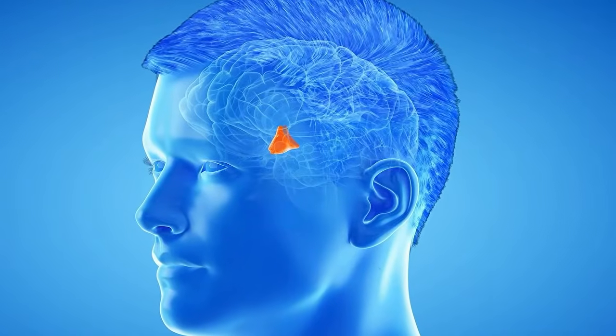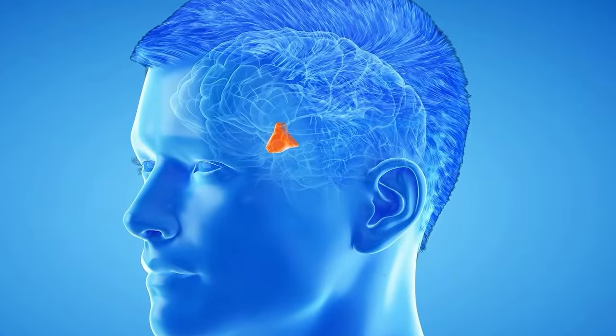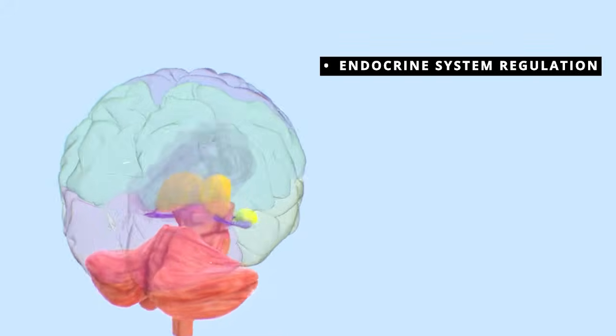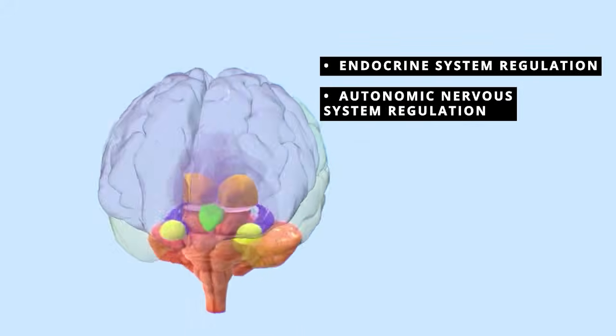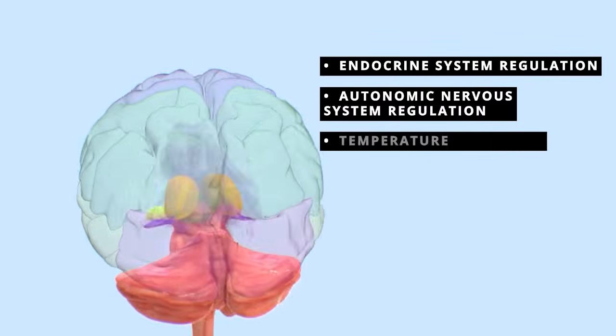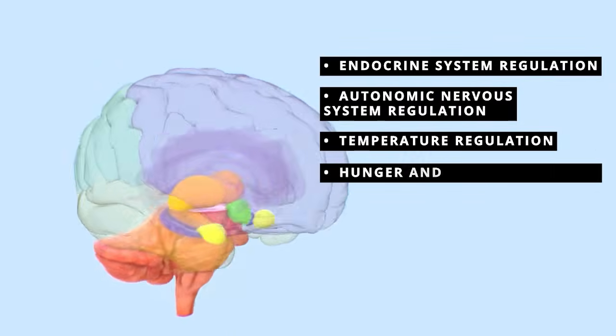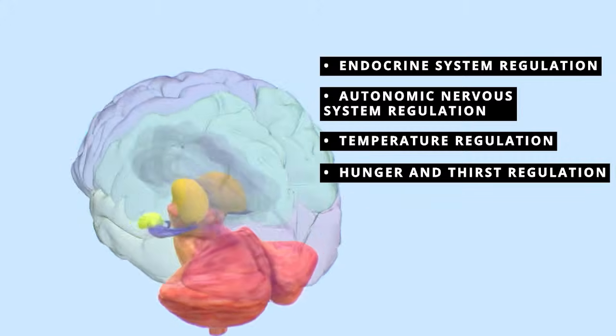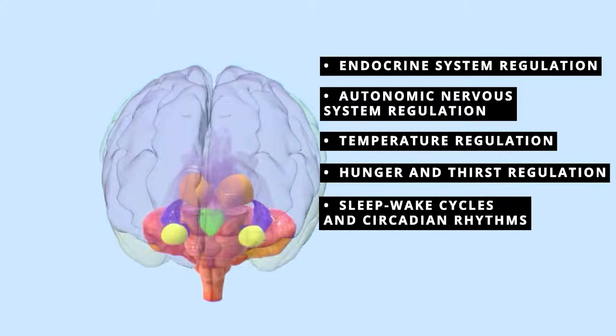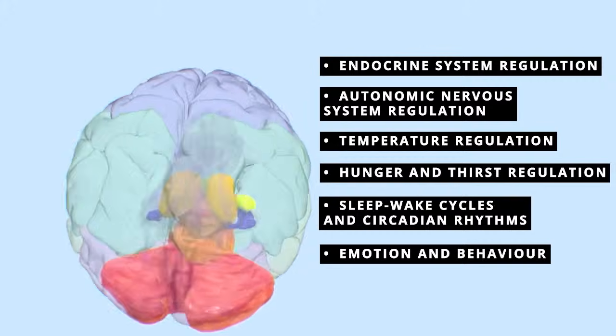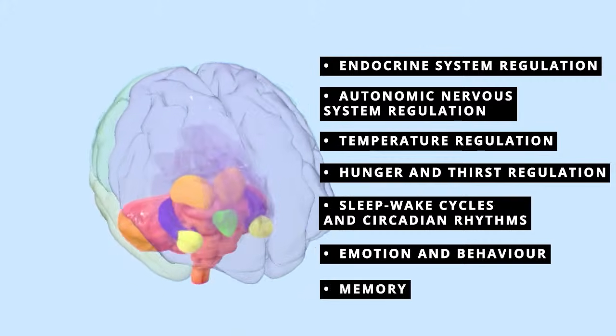The hypothalamus performs various functions, for example: endocrine system regulation, autonomic nervous system regulation, temperature regulation, hunger and thirst regulation, sleep-wake cycles and circadian rhythms, emotion and behavior, and memory.